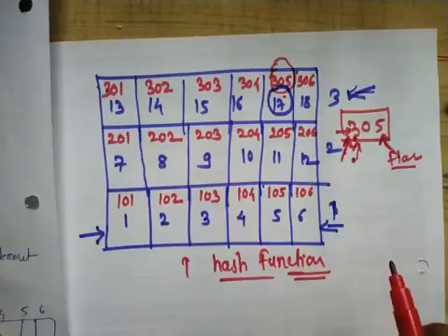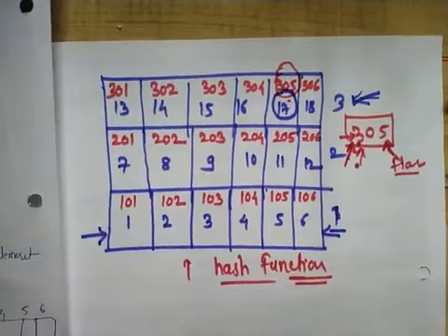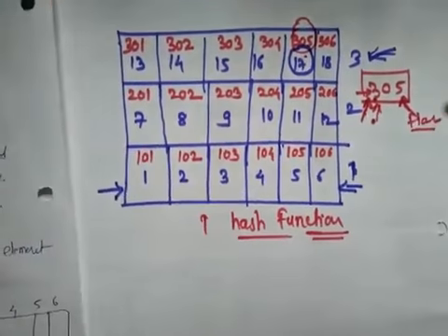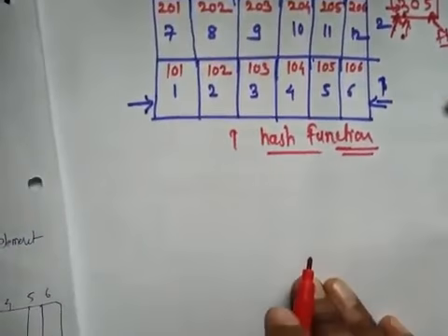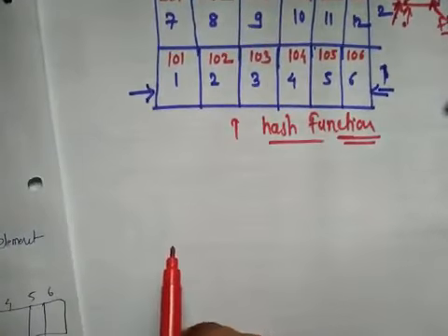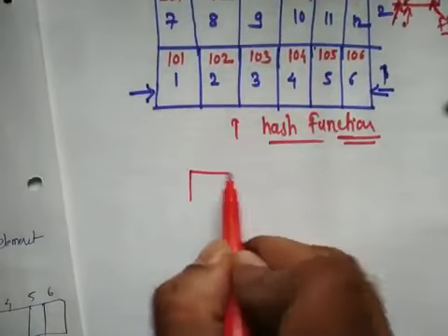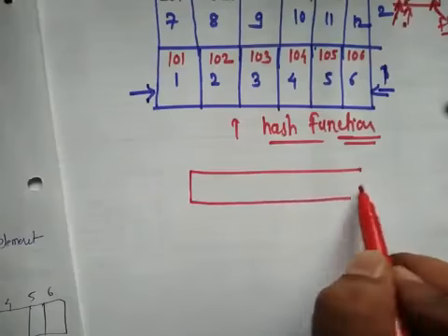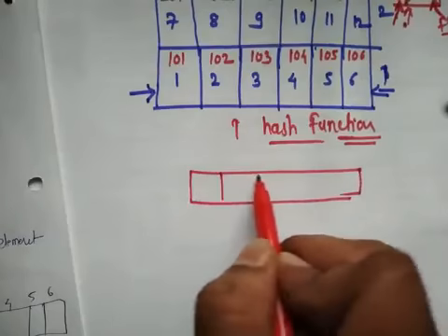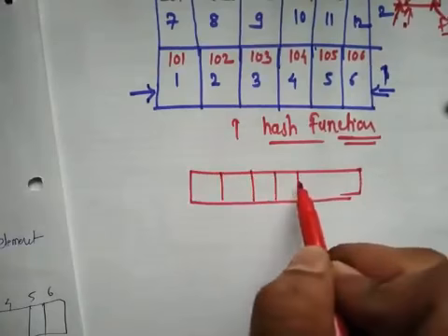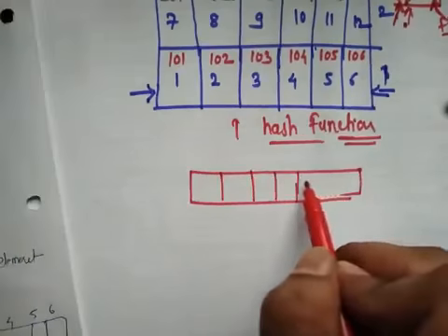And the hash table is where we actually store this value. Consider an integer array having size 7.